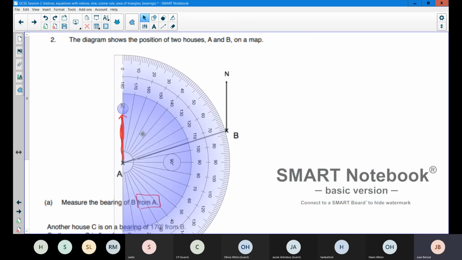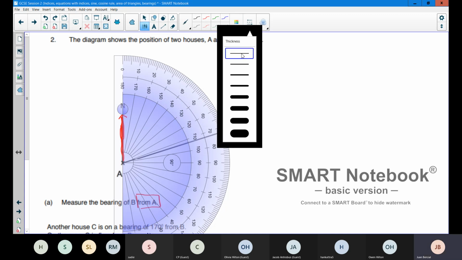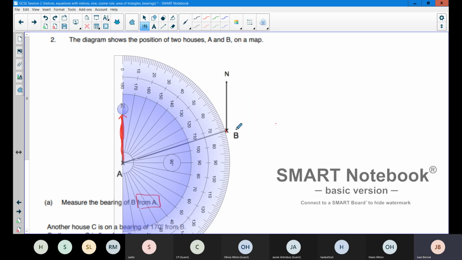It's clockwise from north, so I put the center of the protractor there, and then I've got 0, 10, 20, 30, 40, 60, 70, 73.